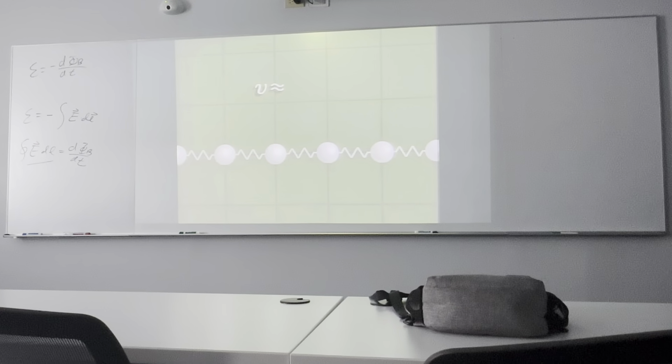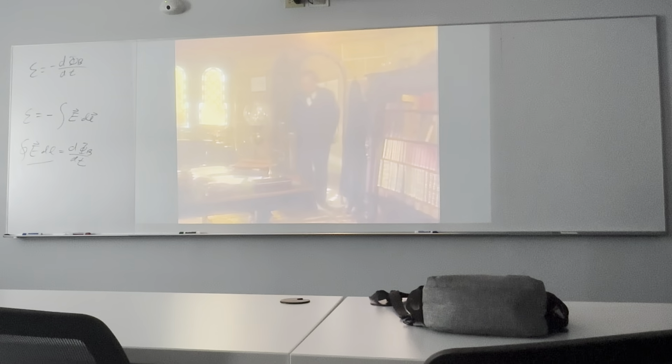And for linked oscillators, the speed is given by the spring constant, the mass, and the distance between oscillators. So it was time for Maxwell to get down to determining the speed of waves in Faraday's lines of force.